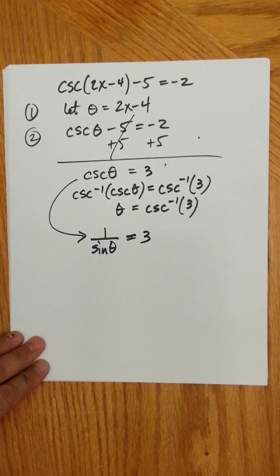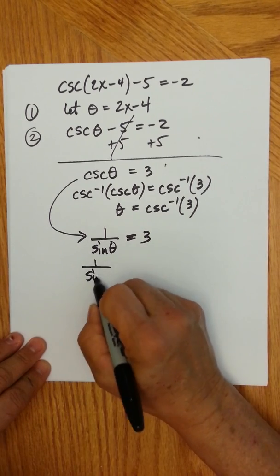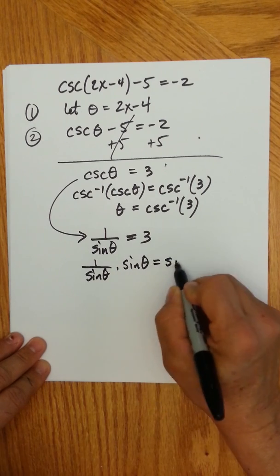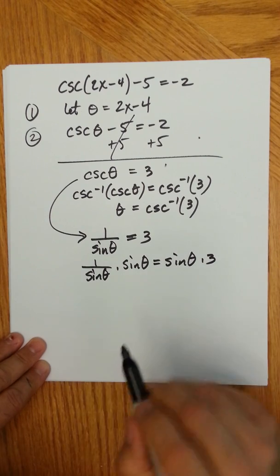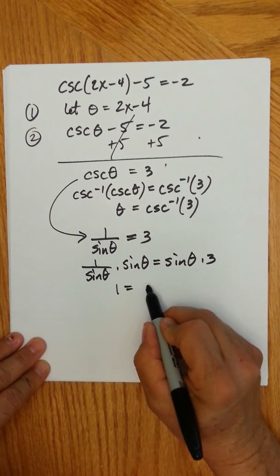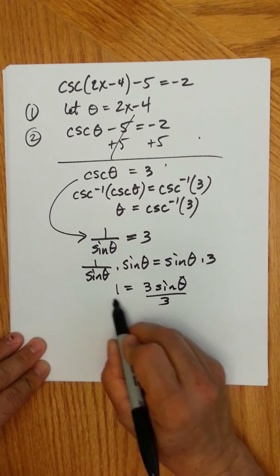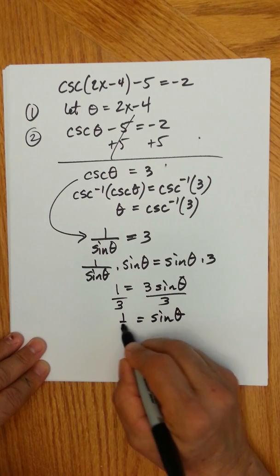Now, I want to solve for sine. So I'm going to multiply both sides of the equation by sine of the angle. And then I have, let's just say, 3 sine theta. And here I'm going to divide by 3, so I can finally isolate the trig function.